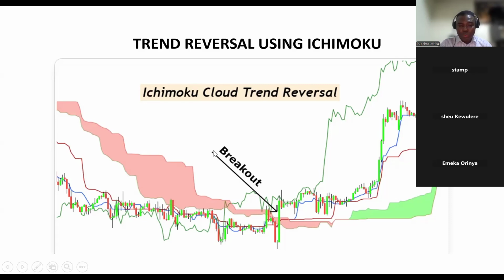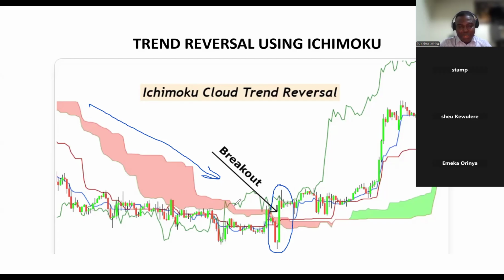And this is how we'll do it. Look at this diagram on the screen. You can see here a place labeled breakout. And what happened at the breakout? You can see that there was this sharp, big bullish candle. The overall trend has been bearish all along. And there was this sharp, big bullish candle. Now, at the close of that bullish candle, we can see that there was a reversal.